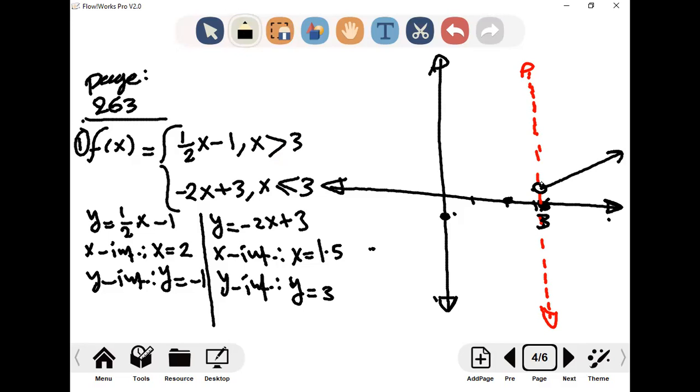Right? Right. Now the second part, I will graph it with the blue. X is 1.5. 1.5, right? It's between 1 and 2. Y is 3. This is 1, 2, then 3. Now this is how the line should be.